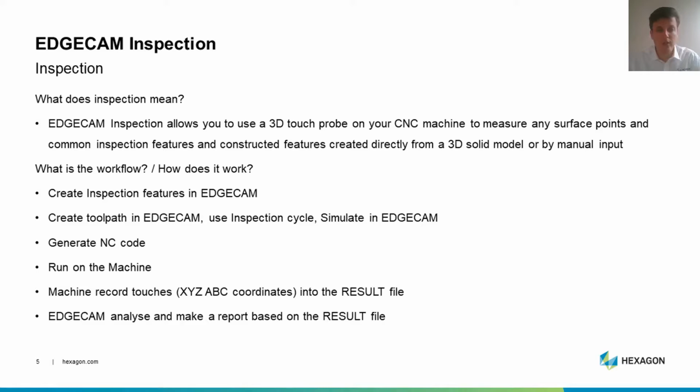The machine will use the NC code to generate a result file with the X, Y, Z and rotary axis positions of the touches, and then you copy that file back into your PC and ask EDGECAM to generate the report.